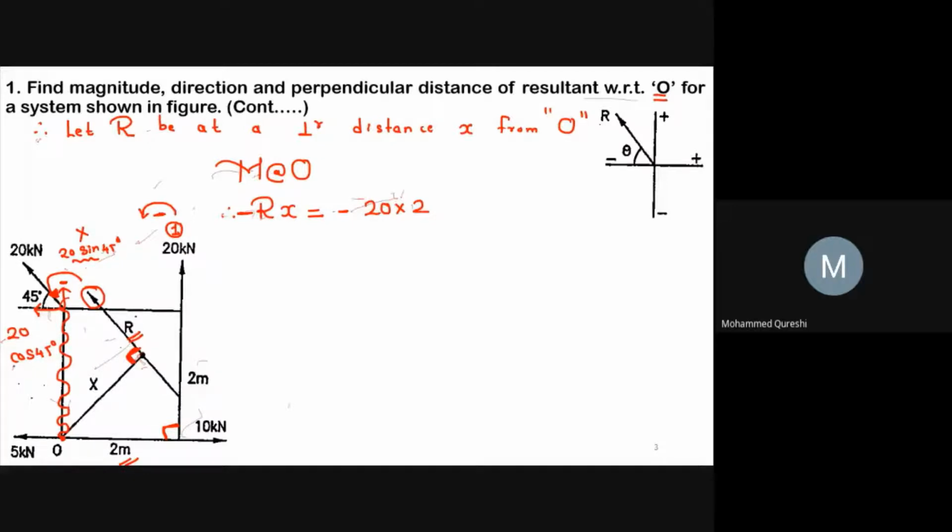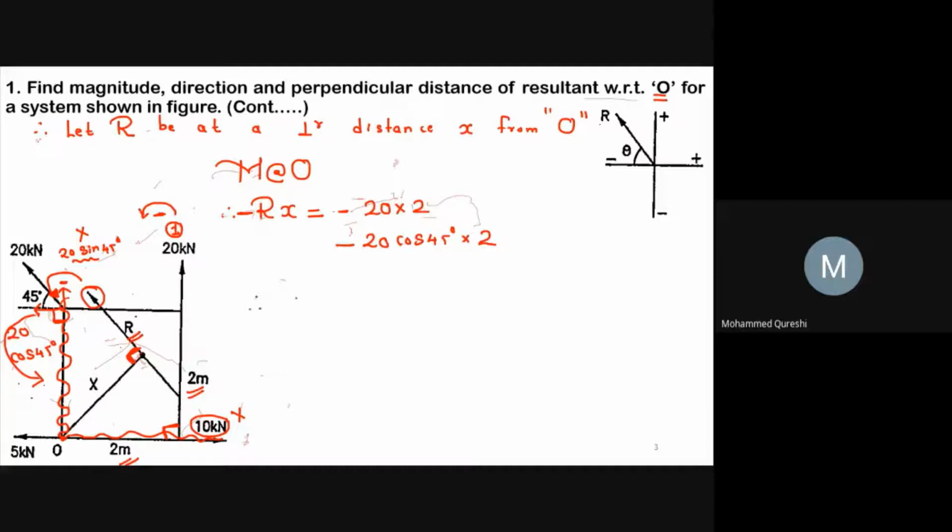So I will go for 20 cos 45. This 20 cos 45 has a perpendicular distance of 2 meters with respect to point O, so I will write 20 cos 45 into 2. This 20 cos 45 moves about point O in the anti-clockwise direction, so it will be minus. Similarly, this 10 kilonewton force also has the same line of action through point O, hence it will also be neglected.